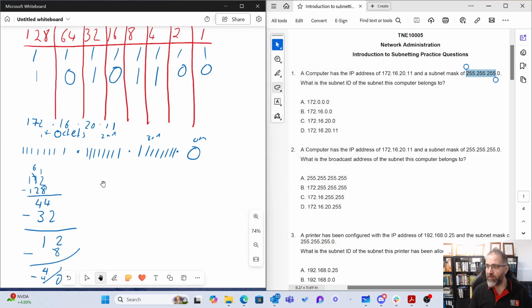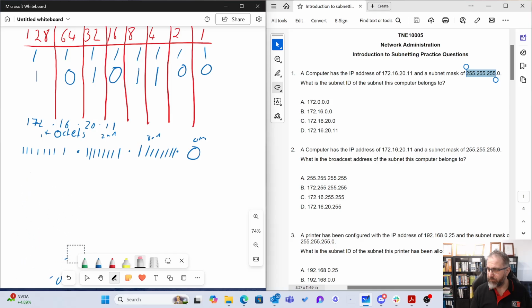Okay. So now, why have I converted this? What's the point in converting that? Let me just get back some of my real estate here. Just tidy that a bit. All right, so we've done 172 now.